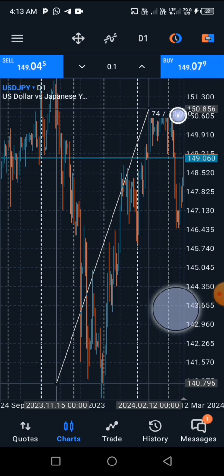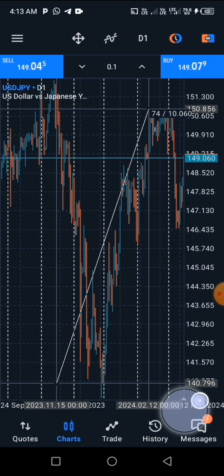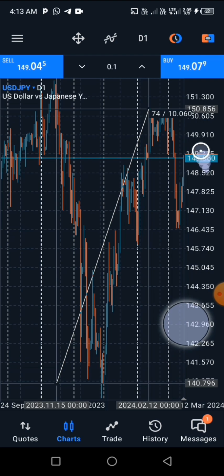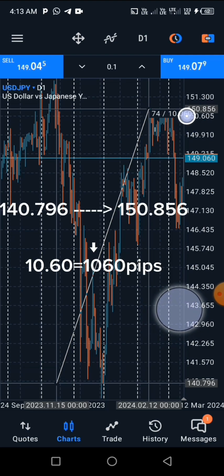So now look at it here. You can see that the difference between 140.796 and 150.856 is actually 10.060. Remember that the 0 is a fraction, a pipette, so we don't calculate our pips from the pipette. So we start calculating from the second decimal point.